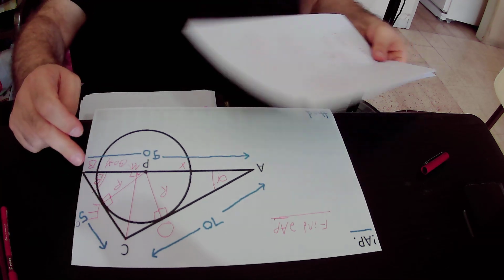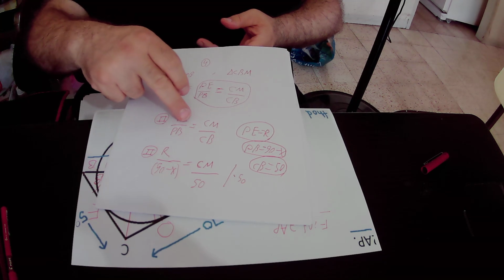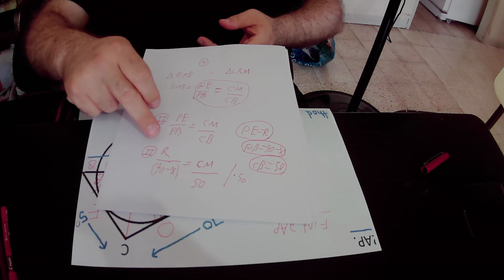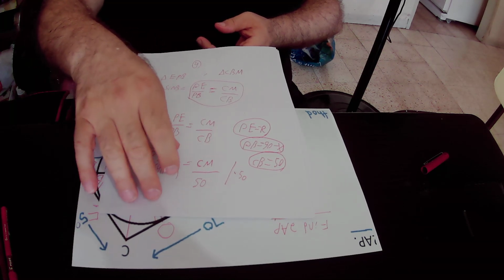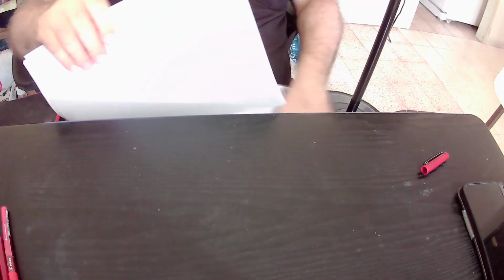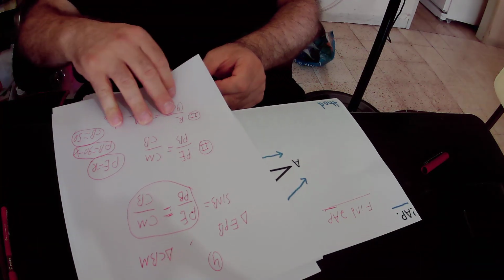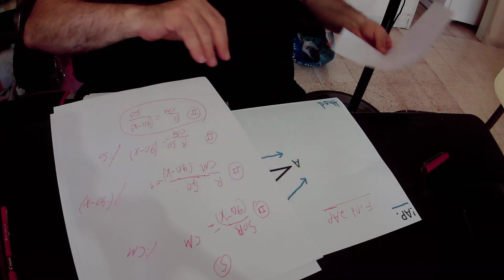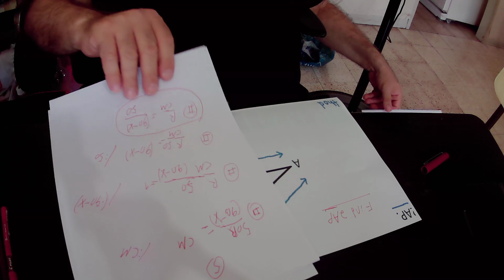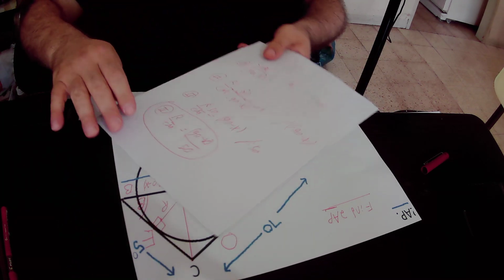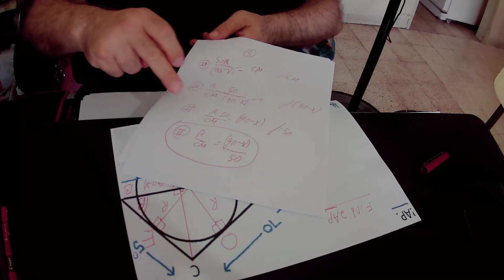So we can put the data in the second equation. We will get that R over 90 minus X equals CM over 50. And we got from the second equation that R over CM equals 90 minus X over 50.